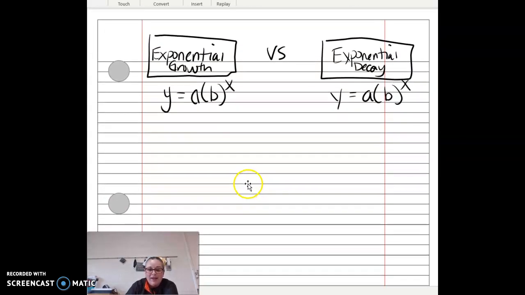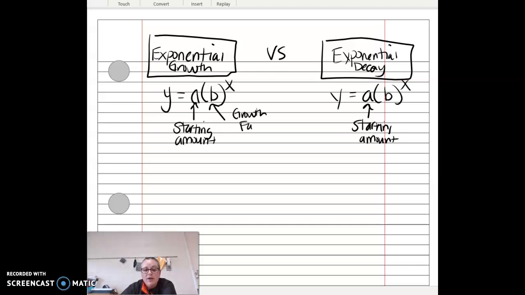But what we put in them is a little bit different. So in this case, both of these a's are representing your starting amount. But if it's exponential growth, we put in a growth factor. If it's exponential decay, we use a decay factor.